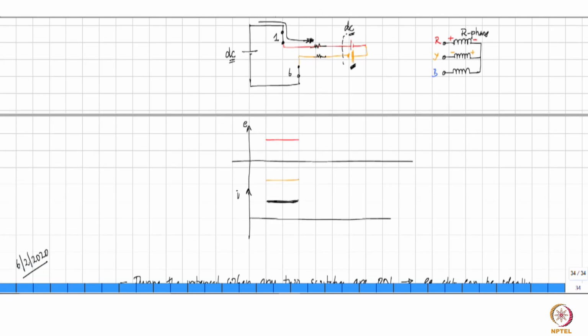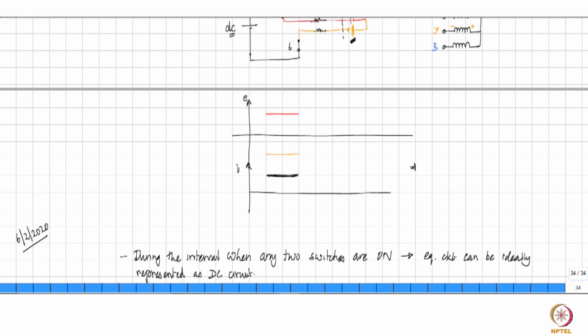This then means that power consumed by the EMF is constant. E multiplied by I. This is the induced EMF E, and you multiply this by I. E is constant, I is constant, and therefore E into I is also a fixed number.